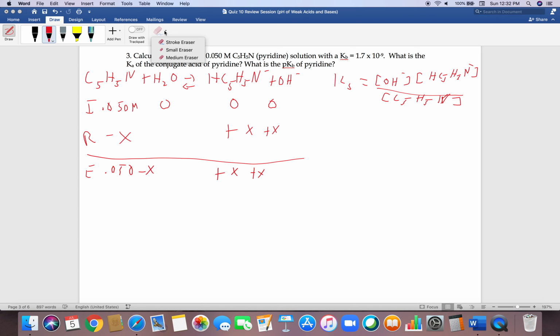Now, remember, we're given the Kb, so we're just going to solve for our hydroxide ion concentration, and from there we can find the pH.